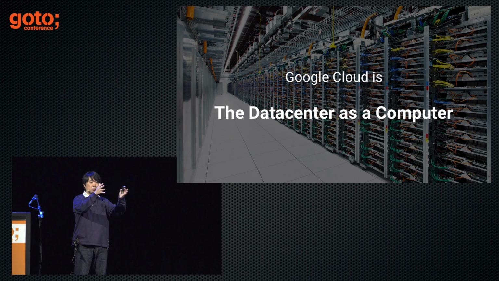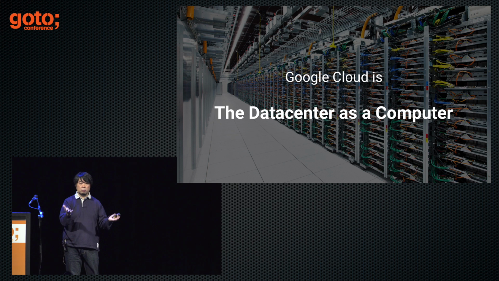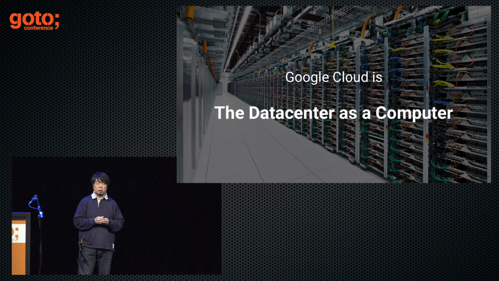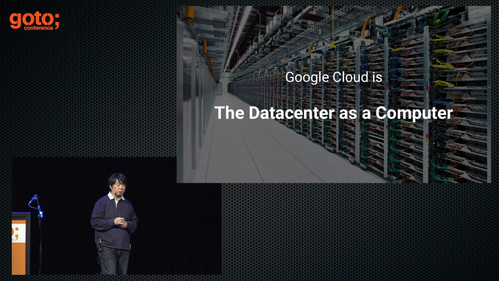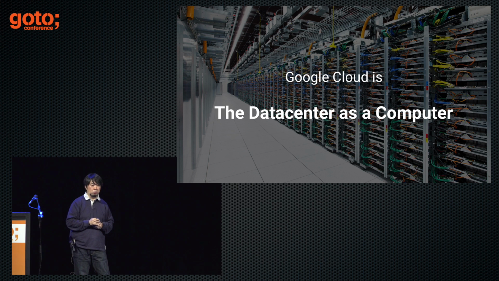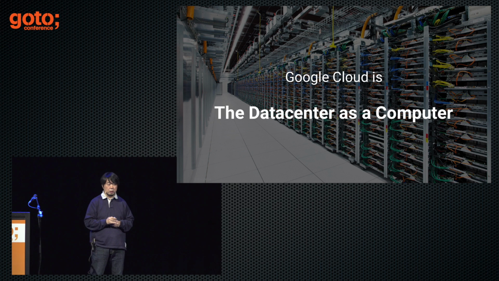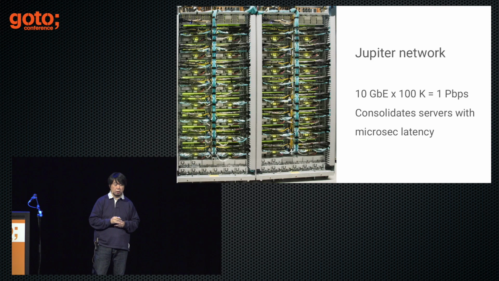We design each cluster, which holds like 10 or 20,000 servers, working as a single computer with multiple CPUs. So it's not so hard for us to deploy large-scale neural networks or large-scale big data processing to our Google Cloud.